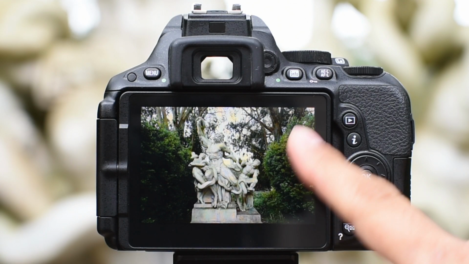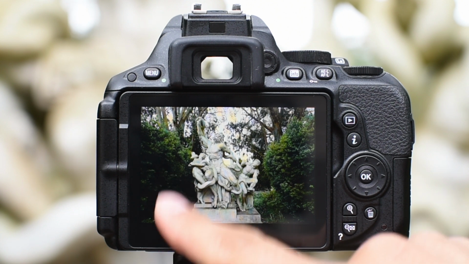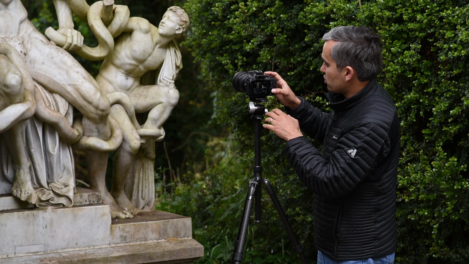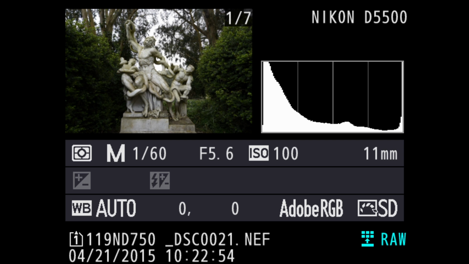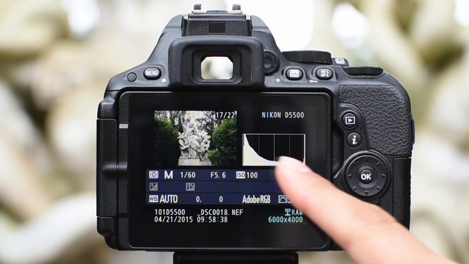I've got the right side of the trees looking good. The left side is a little bit darker just because it's in the shadow area, and I'm definitely losing some of the sky. Now let's take a look at the histogram. And if we look at the histogram, you can see that towards the right, just like we said, we have this line that's pushing all the way to the top, which means that we are losing some data.